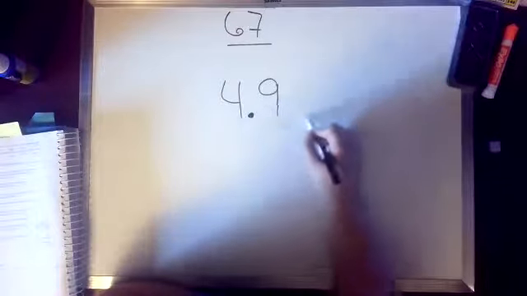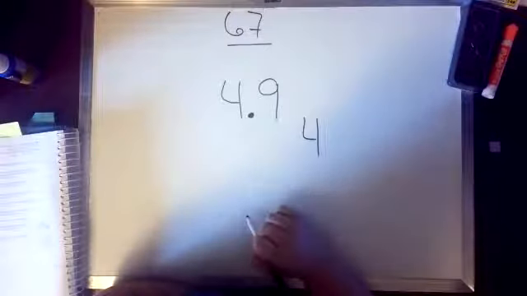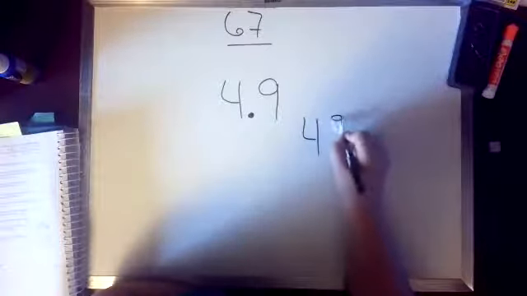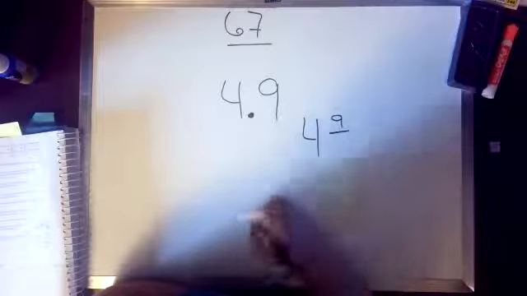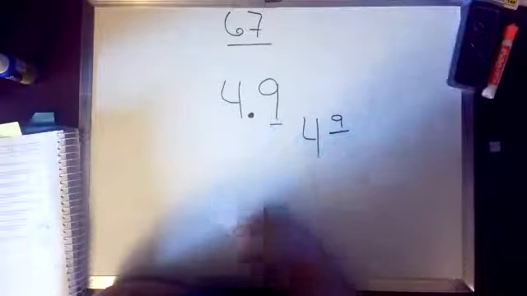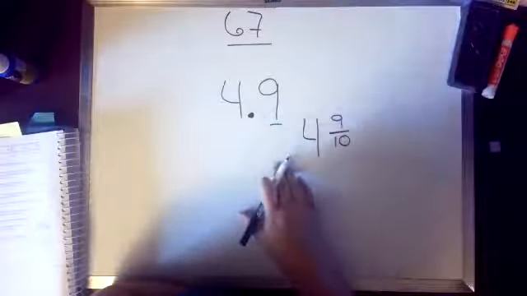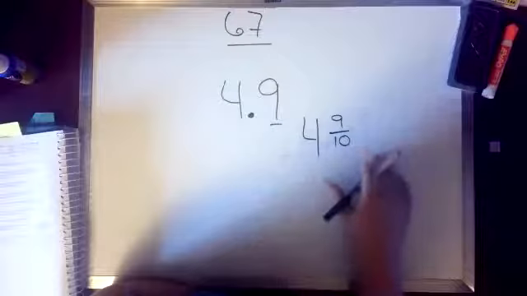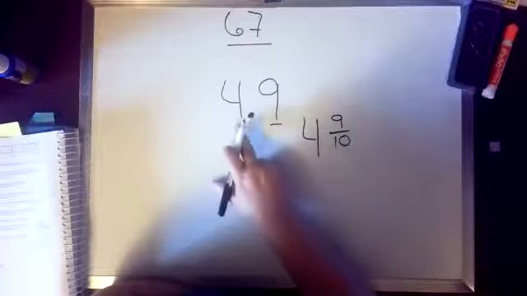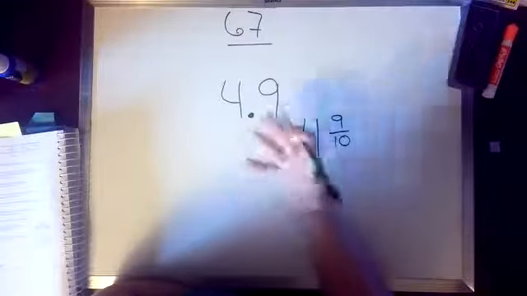So 4 is my whole number. And my fraction is 9 pieces, because I'm in the tenths column, 9 pieces of 10. So this turns into this, and you get 4 and 9 tenths. And again, this is said 4 and 9 tenths, or 4.9.